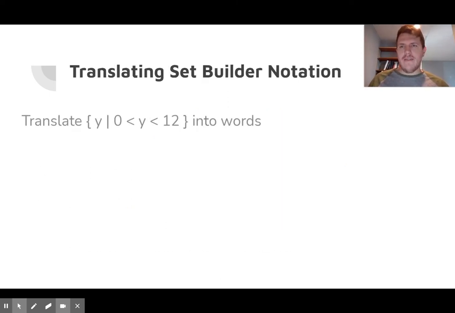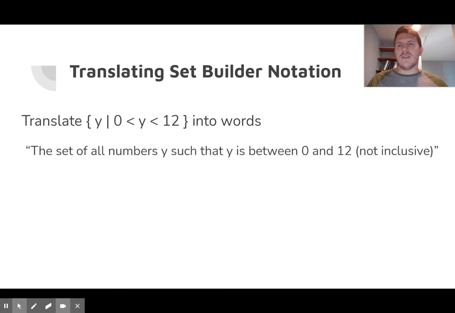Let's go ahead and translate through a couple of these. Let's say we have this. This is the set of y, and then we have this such that vertical bar, and then we have this compound inequality, 0 less than y less than 12. So this is the set of all numbers y such that y is between 0 and 12.